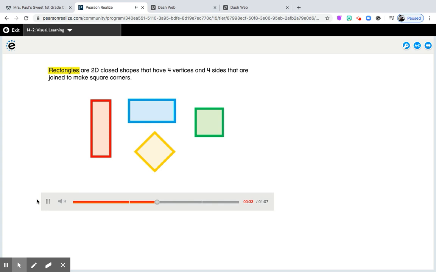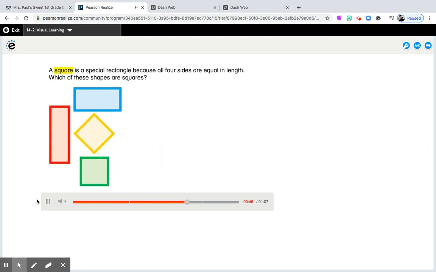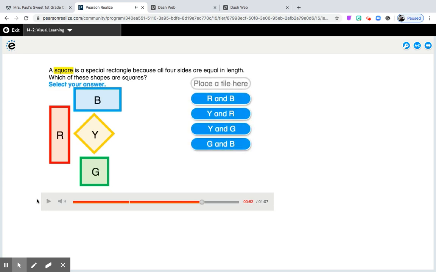Rectangles are two-dimensional closed shapes that have four vertices and four sides that are joined to make square corners. These shapes are rectangles. A square is a special rectangle because all four sides are equal in length. Which of these shapes are squares? Select your answer. Squares, boys and girls, is all the sides are the same.